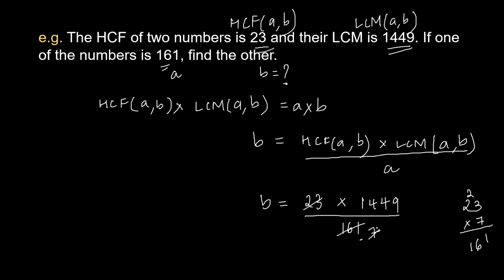Then 7 ones are 7, 7 twos are 14, 4 is not divisible by 7, so I put 0, and then 7 sevens are 49. So our B is 207. So we found the other number, that is 207.